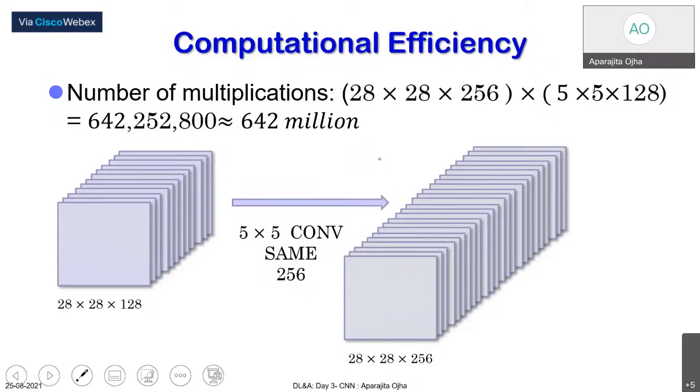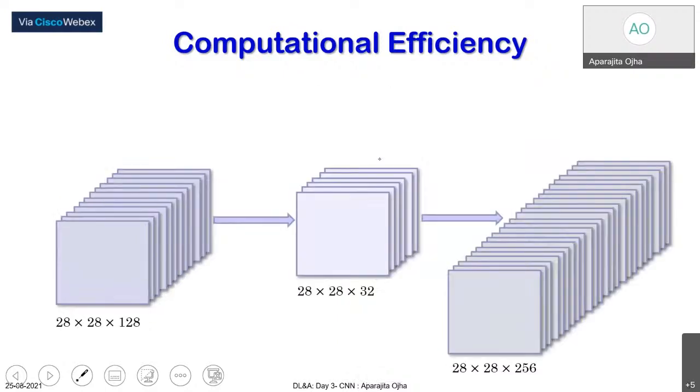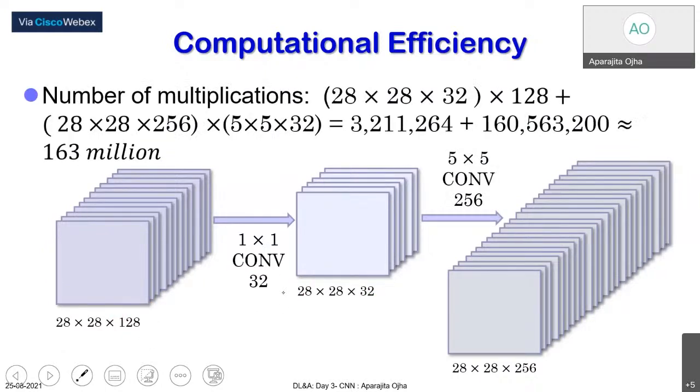Now, if I use a 1 cross 1 convolution, what I do is that I significantly reduce the number of filters here and apply a 1 cross 1 convolution. So one position here will be obtained by taking a 1 cross 1 convolution here.